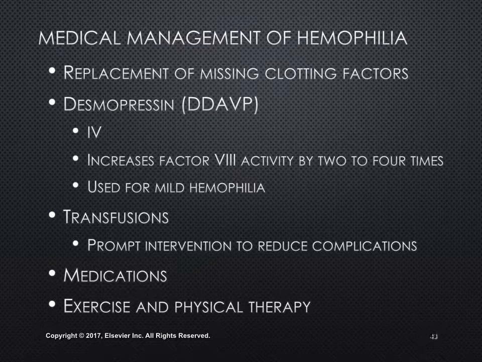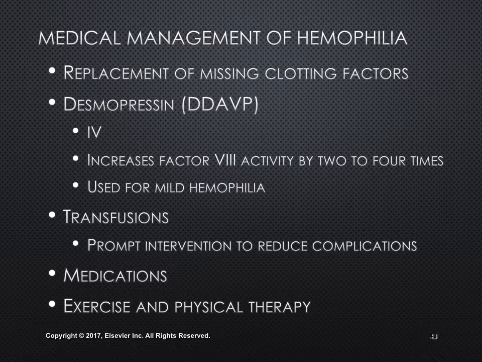So another thing that they give is desmopressin, or DDAVP. It's given IV, and it increases factor 8 activity by 2 to 4 times, and that's used for mild hemophilia. Transfusions can be given, and prompt intervention to reduce complications for the bleeding that's happening right at that particular time.